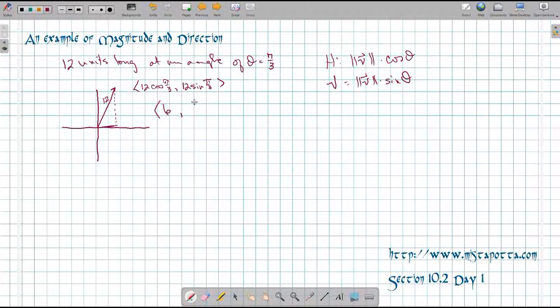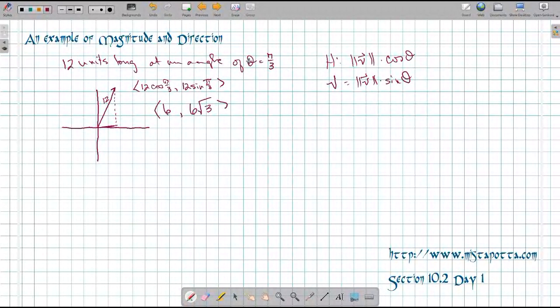Sine of pi over 3 is radical 3 over 2, so I end up with 6 root 3. And so this is my component form of my vector, not my magnitude and direction form of my vector.